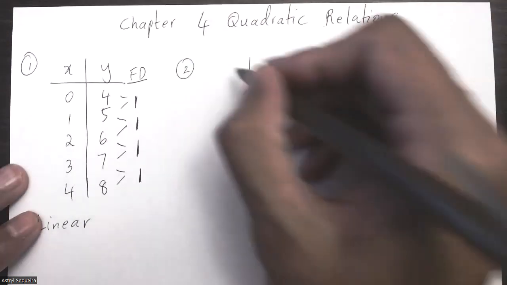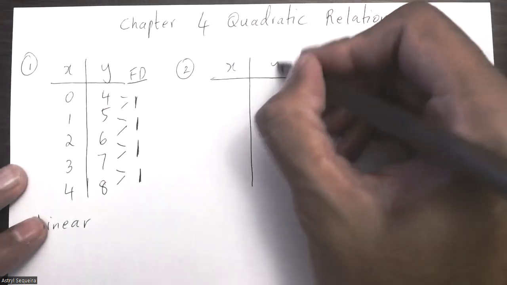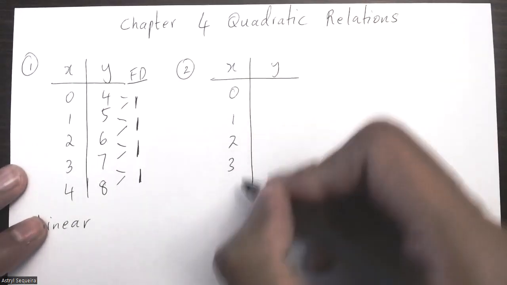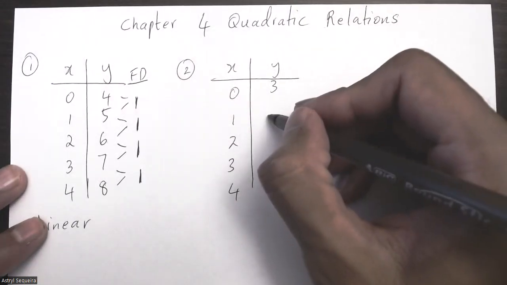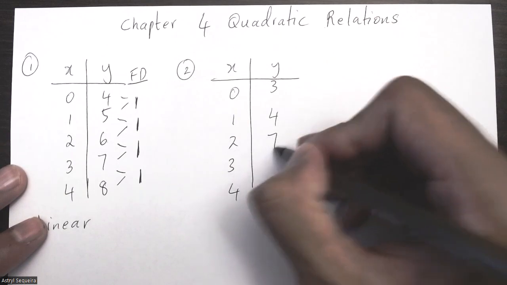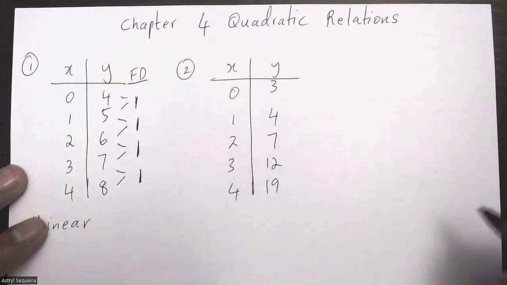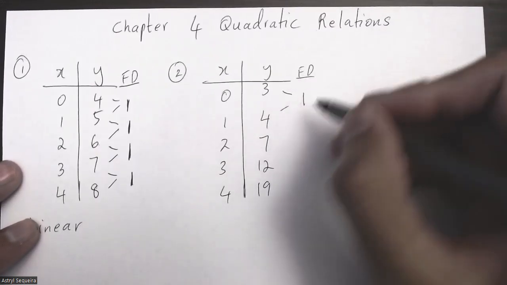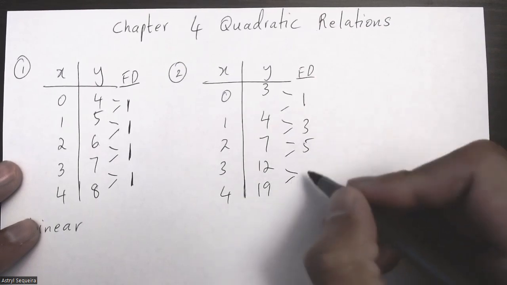Take a look at this next table over here. So my first differences: 1, 3, we can already see they're not the same, 5 and 7.